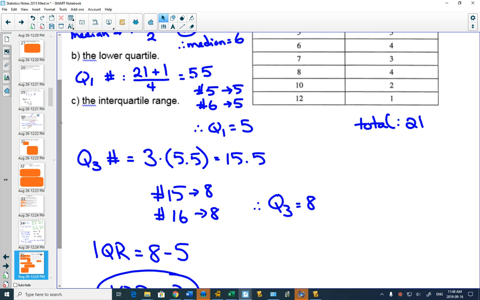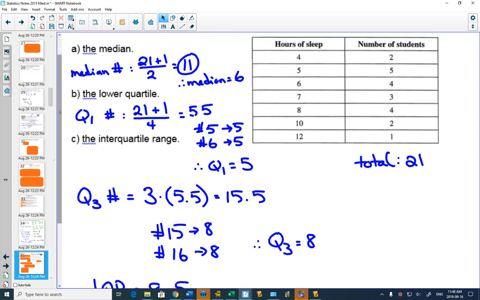Because quartile 1 was 5.5, quartile 3 will be 3 of quartile 1s, which is the 15.5 person, which has to be between the 15th and the 16th person. When we look at our chart, 16.5, thank you. Yeah. That's right.